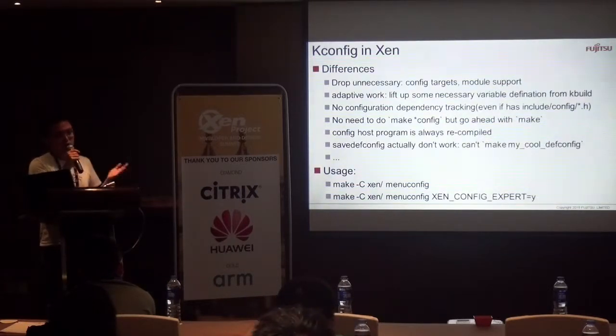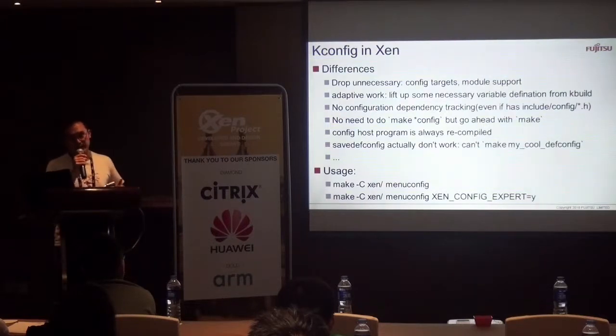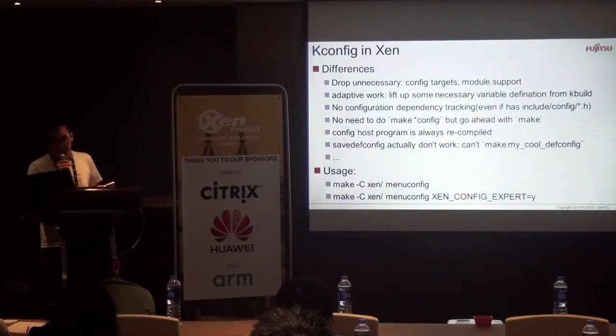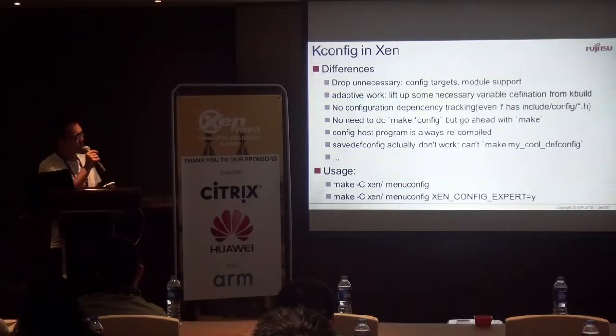And it actually doesn't have any configuration dependency tracking, even though it also generates those empty header files. And you don't need to do configuration explicitly, but just go with make, because it will do make defconfig in the makefile for you by default. And the last two things are some nitpicks, I think.